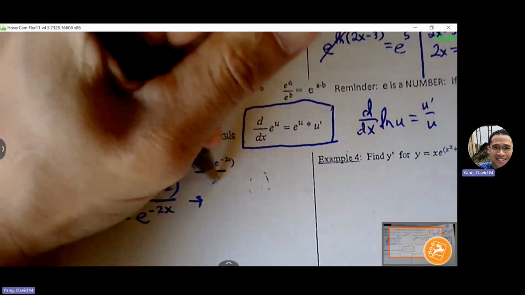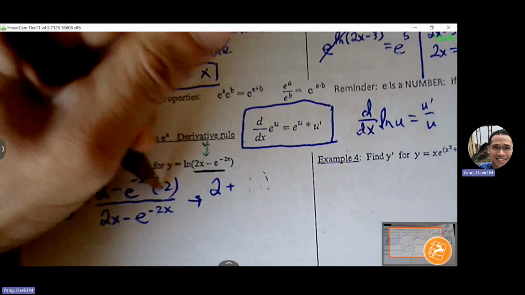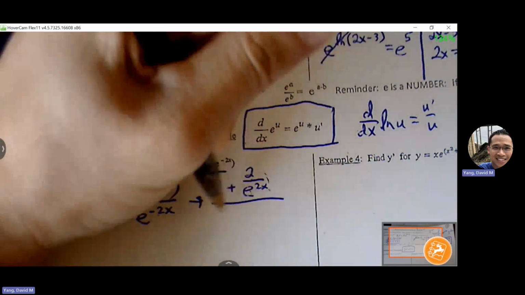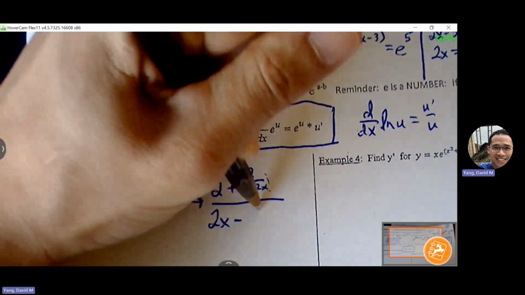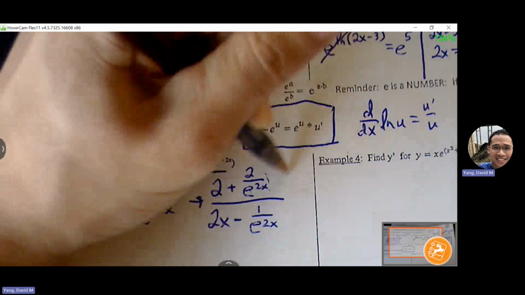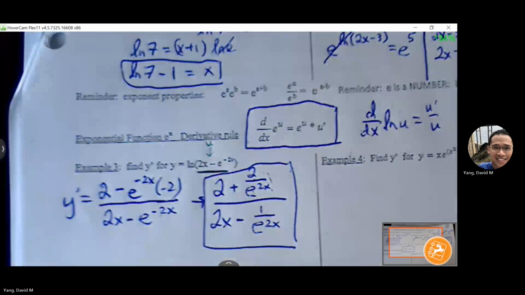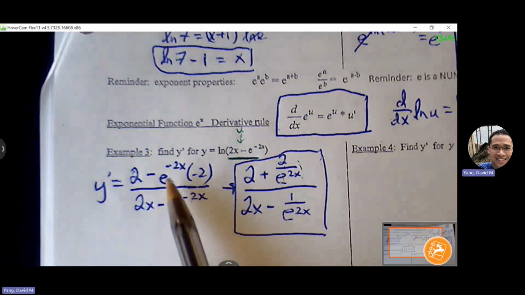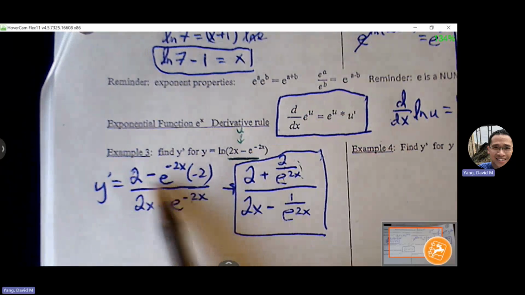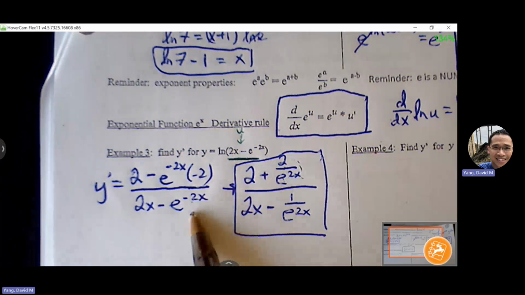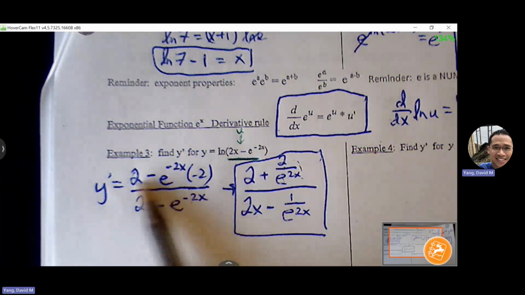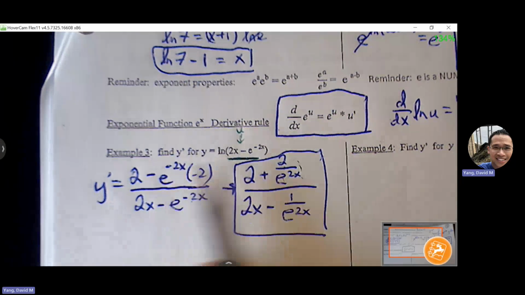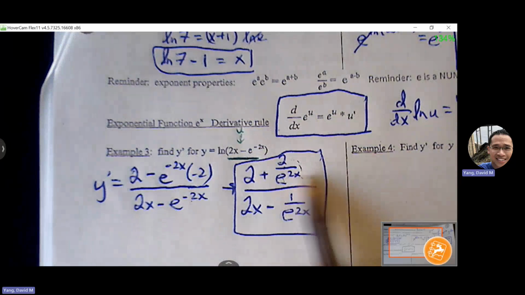So we can make this 2 plus, well, the 2 negatives cancel out, 2 over e to the 2x, all over 2x minus 1 over e to the 2x. If these are being multiplied, then we can bring that e down to this denominator, but these are being connected by addition and subtraction, so the most that we can do is put it in the denominator, but only the denominator within this space. We can't make it cross to the other side.